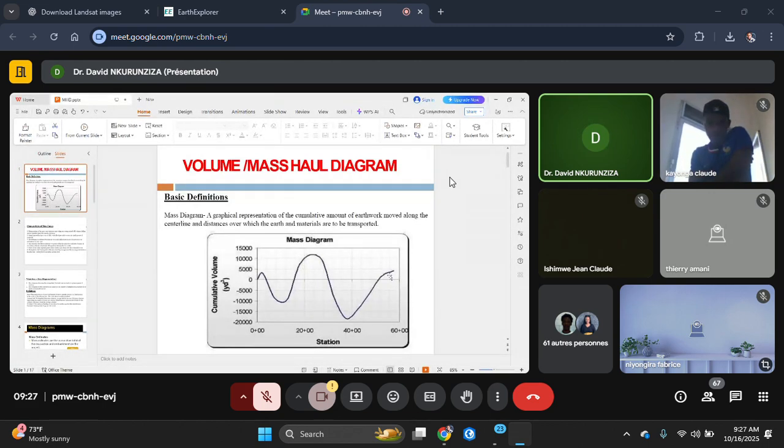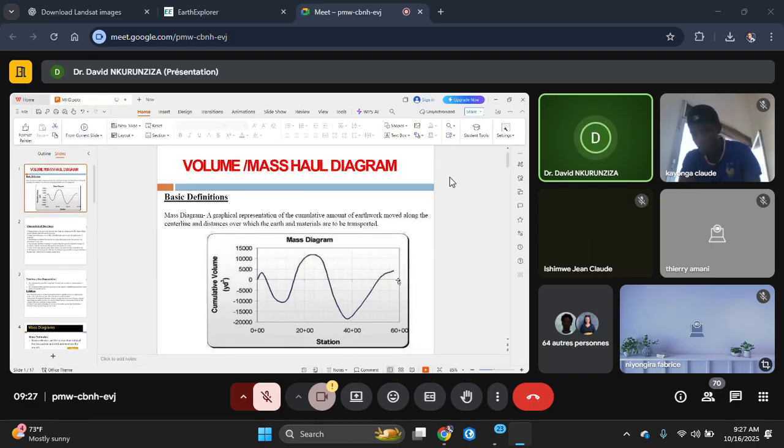This is rising. So the rising section of the mass haul diagram indicates that excavation exceeds fill. You understand? It means excavation is going on.